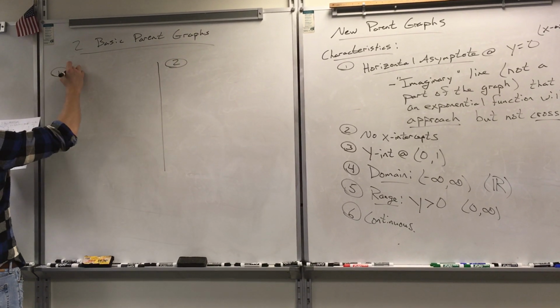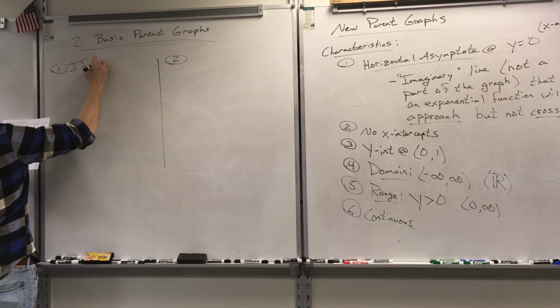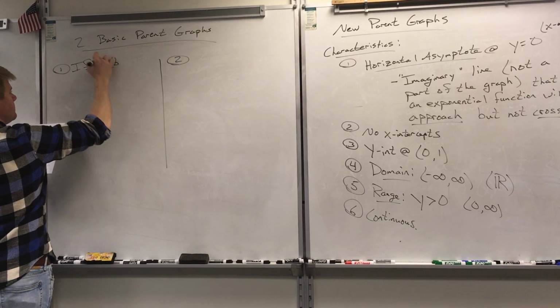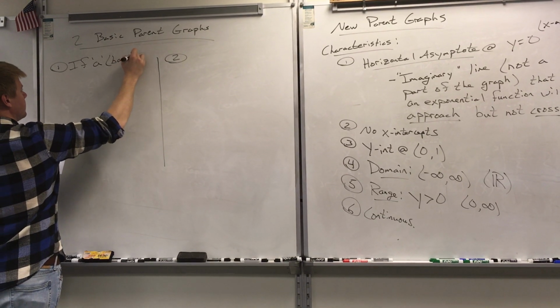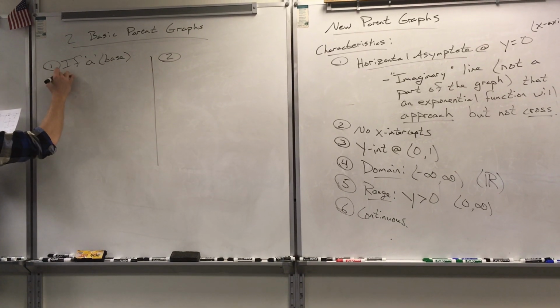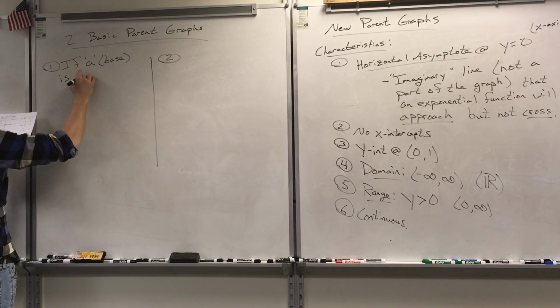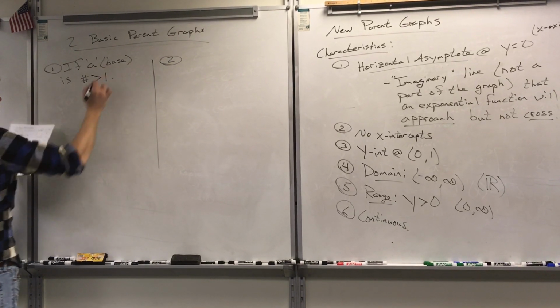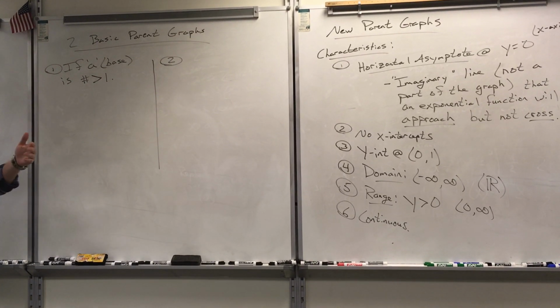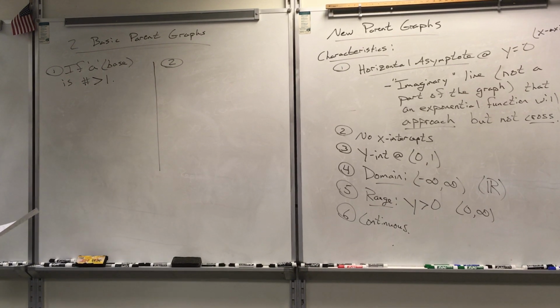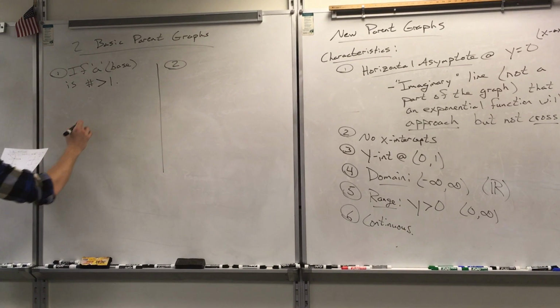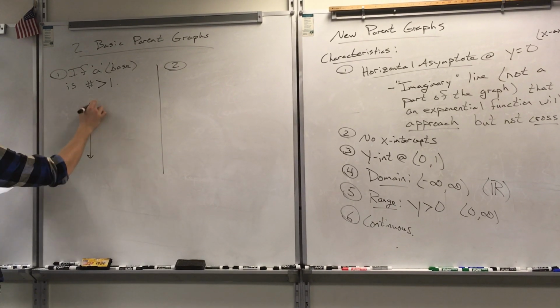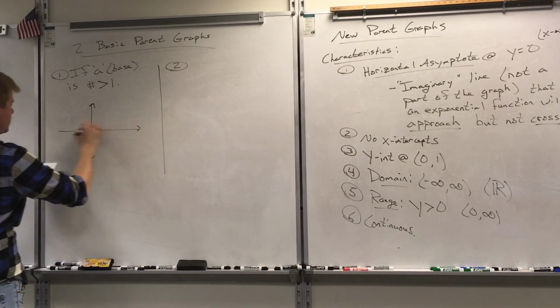First one, if a, meaning the base, is a number that is greater than 1, so 1.5, 2, 6, 10, whatever. If the base is a number greater than 1, here's what the exponential graph will look like.